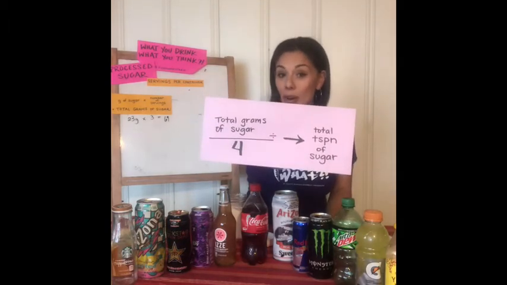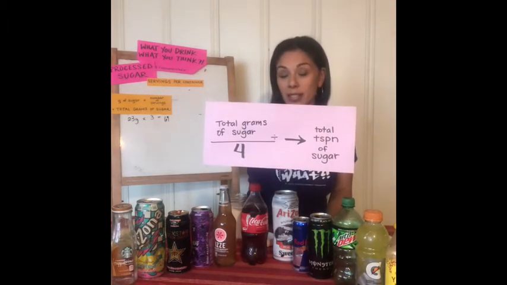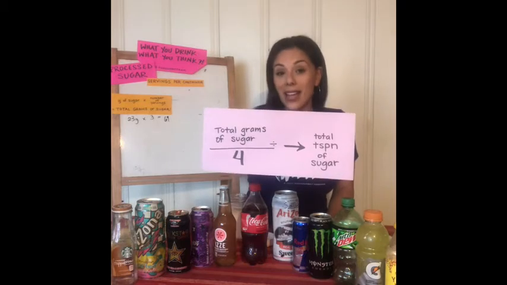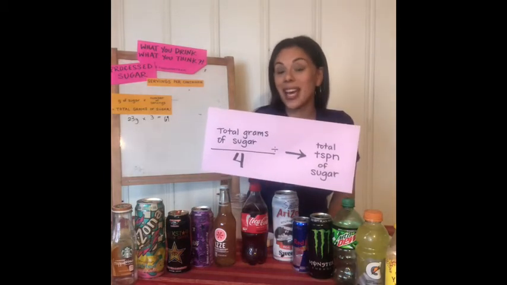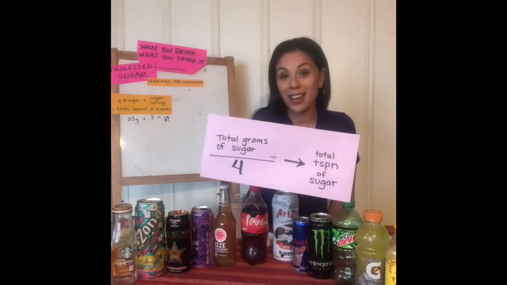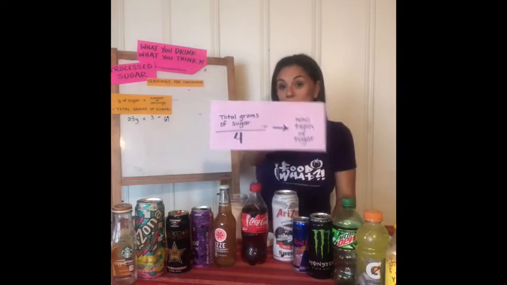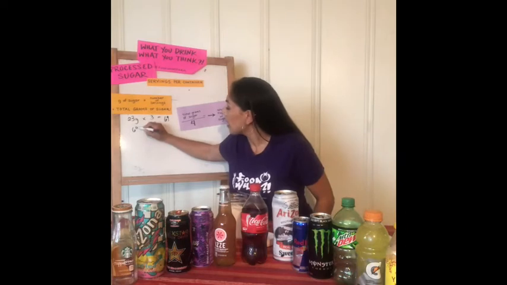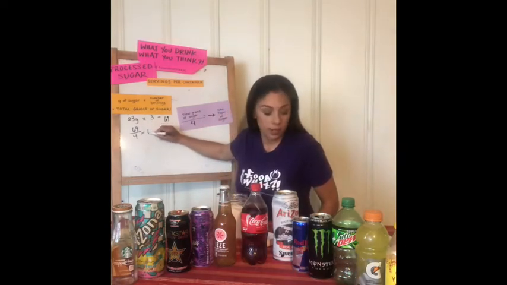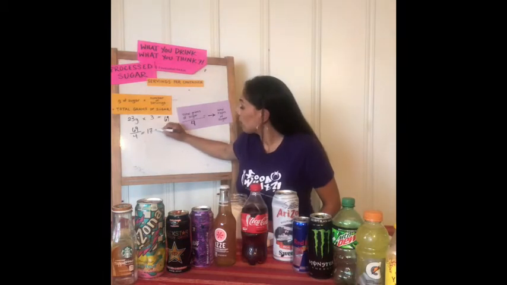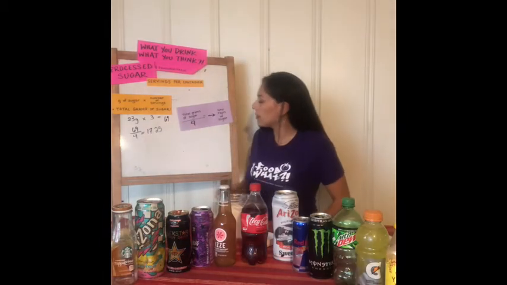Because it takes 4 grams to equal 1 teaspoon. So if we divide the total amount of grams of sugar by 4, we get how many teaspoons are in the can of Arizona. 69 divided by 4 equals 17.25.